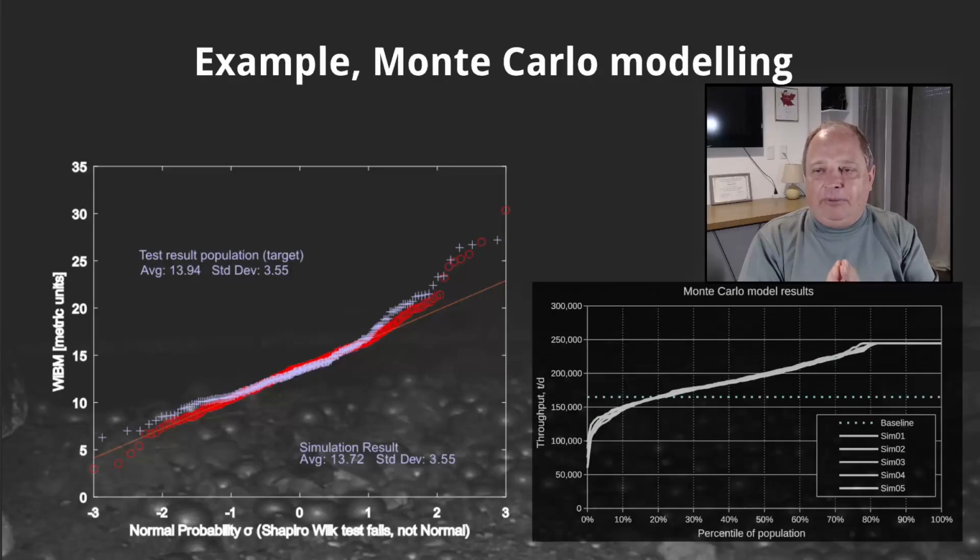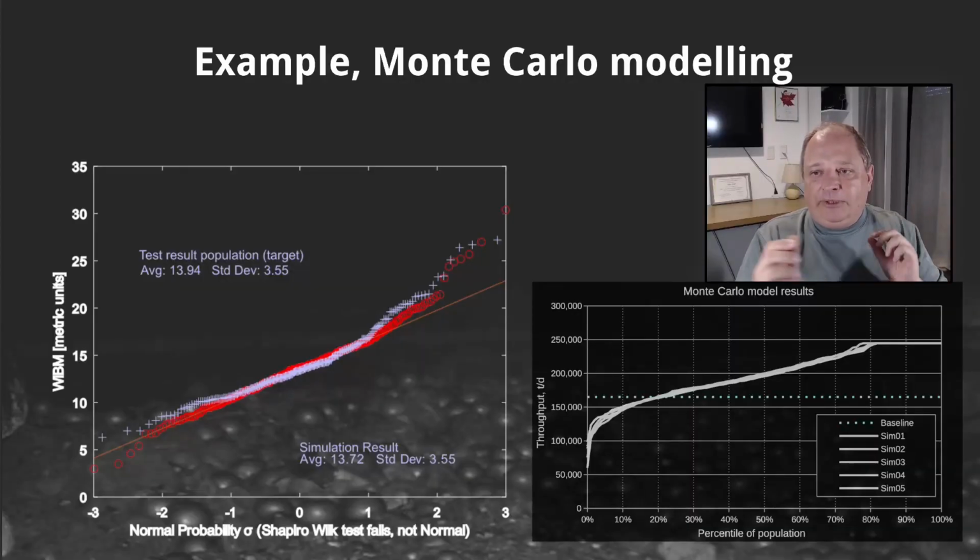So here's an example of what I've done using population statistics. The QQ plot you see on the left here, the crosses are the original lab data, and it's plotted in a QQ plot. So you've got your probability axis along the bottom, and the determination of the work index on the vertical axis.